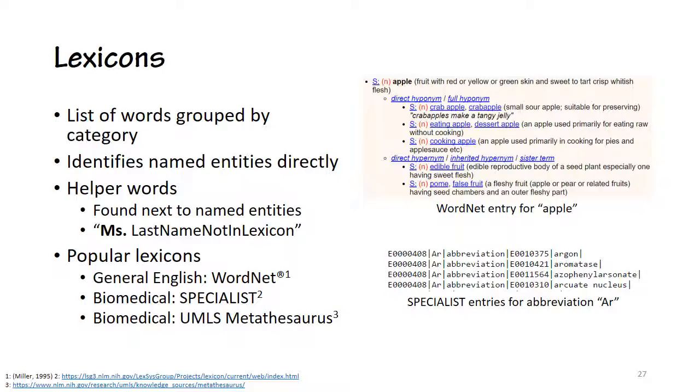One important tool for NER is lexicons. It's not necessarily a dictionary, it's not really a thesaurus either. It's essentially a list of words that are grouped by category. And it's helpful to just use them to directly name a group of things. But it's also beneficial for helping with words.